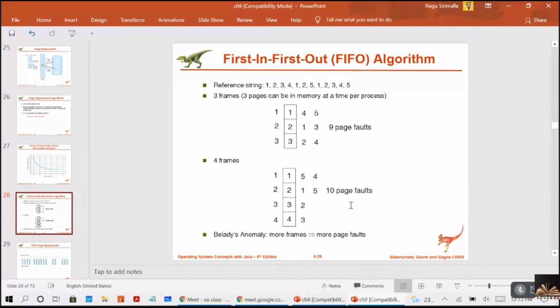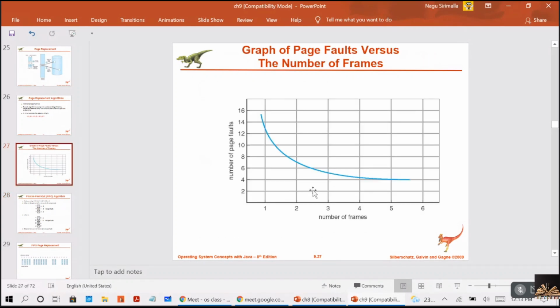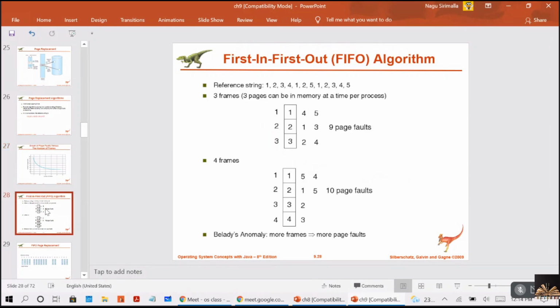And I am showing you this to tell you that the first in first out algorithm suffers from Belady's anomaly. Normally, when the number of frames increases, your page faults should decrease.